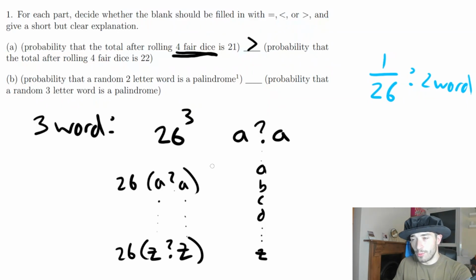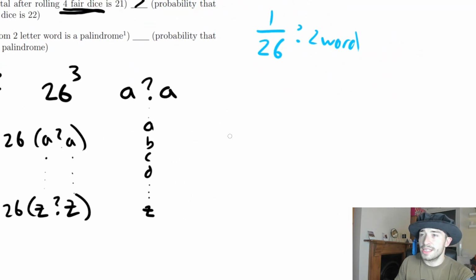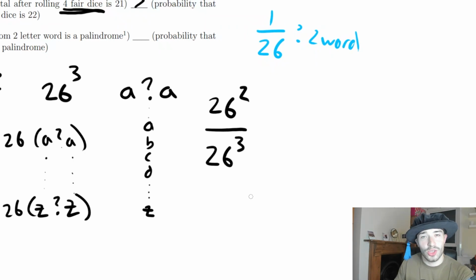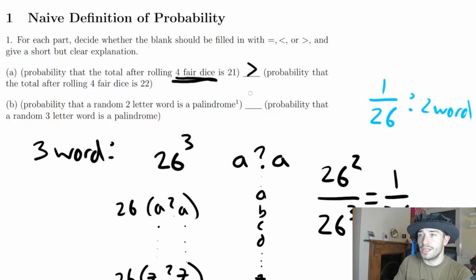And so if we move this over here, then we can see that actually what we have is 26 squared possible 3-letter word palindromes divided by 26 cubed possible 3-letter word combinations. And this is also equal to 1 over 26. So perhaps counterintuitively, the answer to this one is equals.